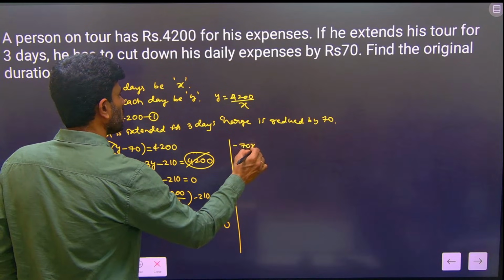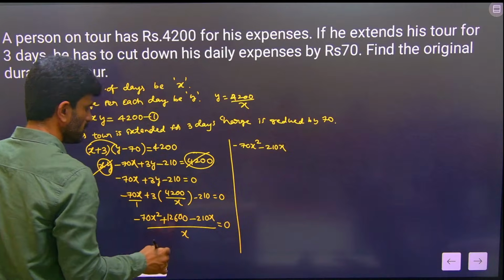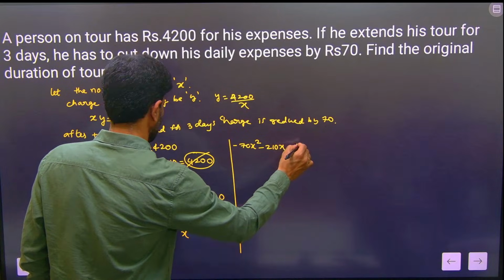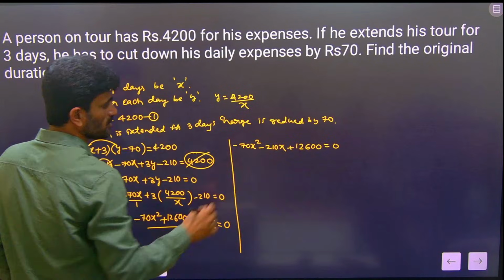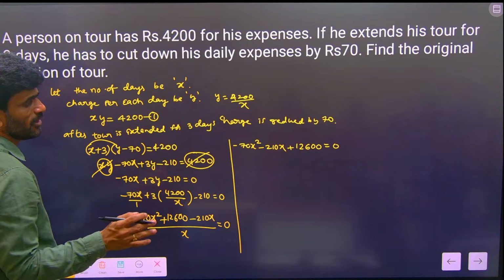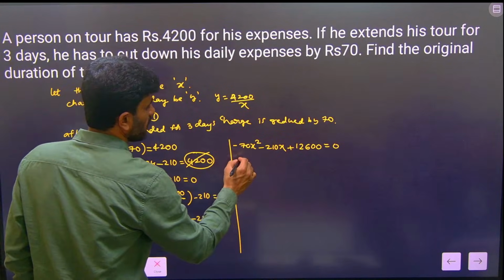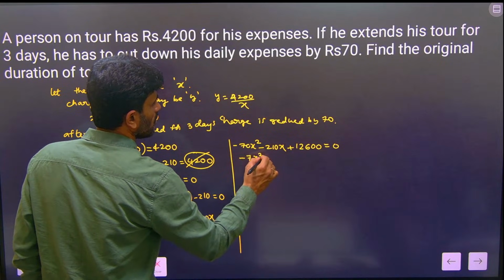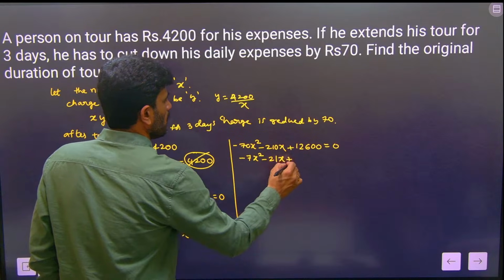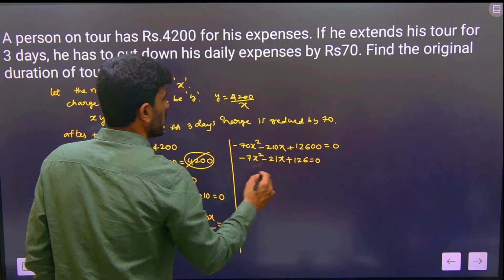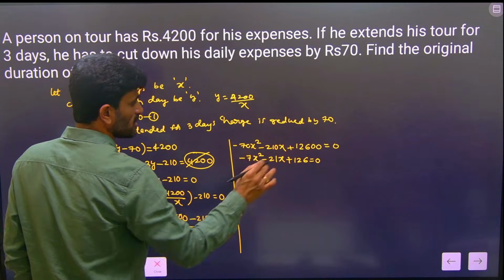Minus 70x square minus 210x plus 12,600 is equal to 0 into x, 0. Can we divide everywhere by 10? 0 is there, no? So if you divide everywhere by 10, minus 7x square minus 21x plus 1260 is equal to 0. Actually, I want here plus x square. So change everywhere symbol also. We can change everywhere symbol.